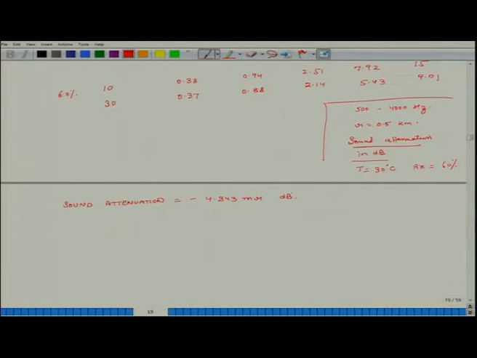We will just make a quick table. For different frequencies we will see how much sound is getting dissipated. So F is equal to 500, 1000, 2000, 4000, and the values of M, what are the values of M we choose? We choose this row.